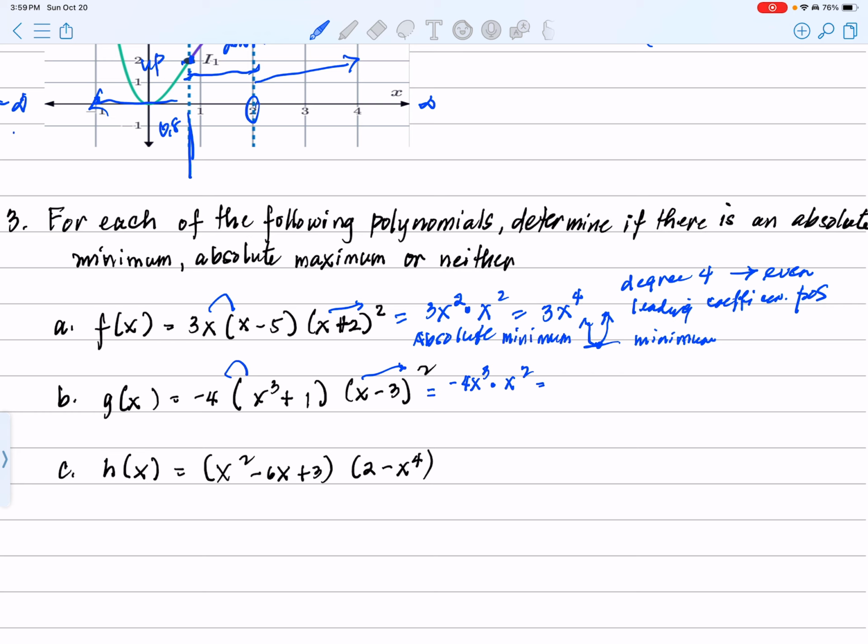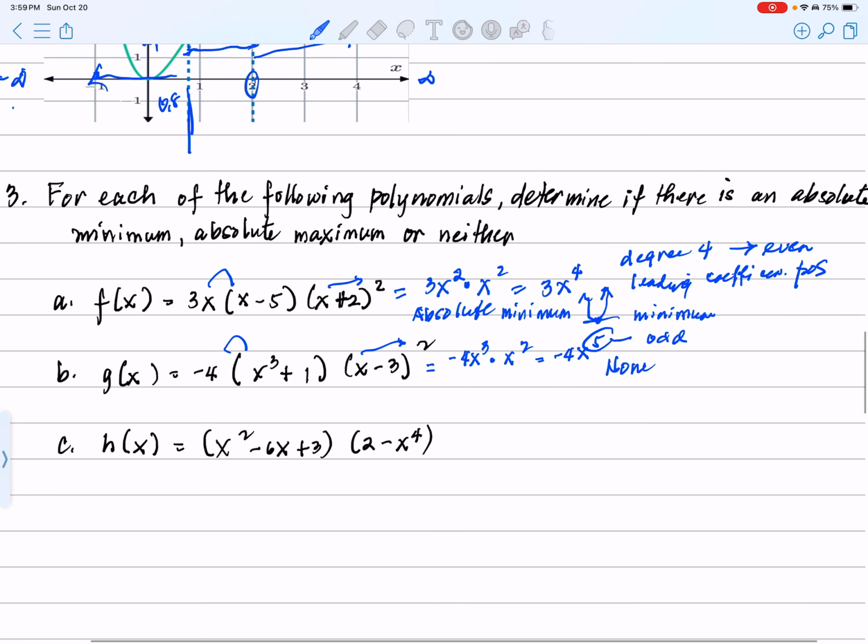So what do we have here? A negative 4x to the fifth power. Remember, this is odd. So there is no global or absolute extrema here. So it's none, or neither.